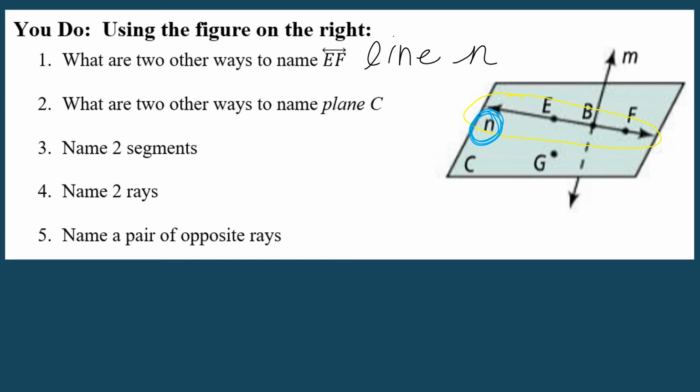In figures like this, we use lowercase letters to name a whole entire line or a whole entire shape. This C here represents the whole entire plane. So it's a little bit easier than using 2 letters to name a line or 3 letters to name a plane. So for number 1, you can call that line n.